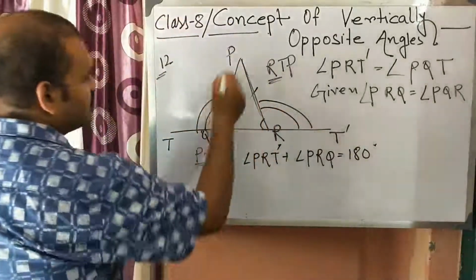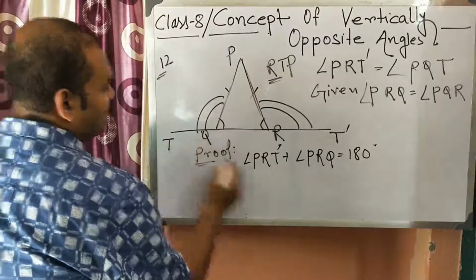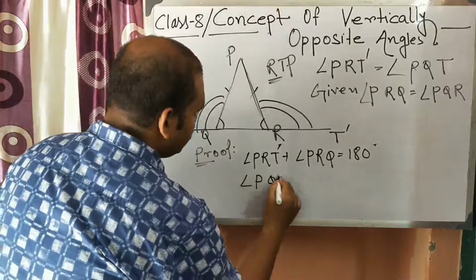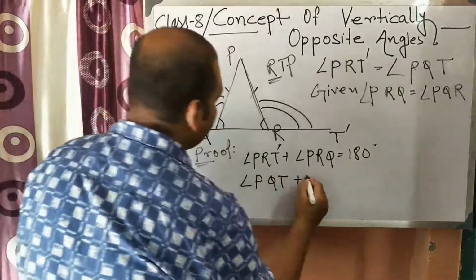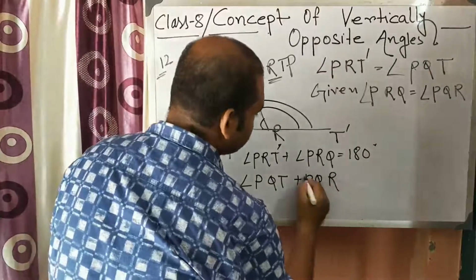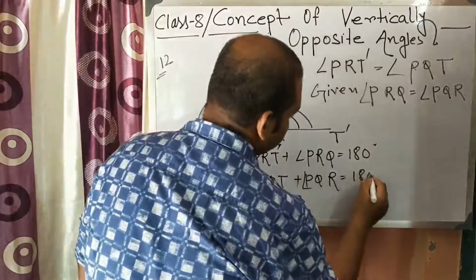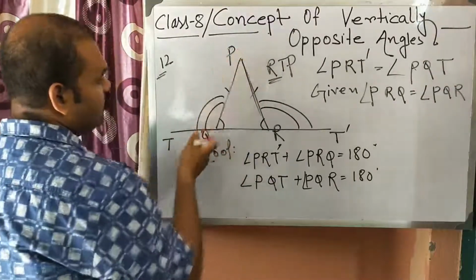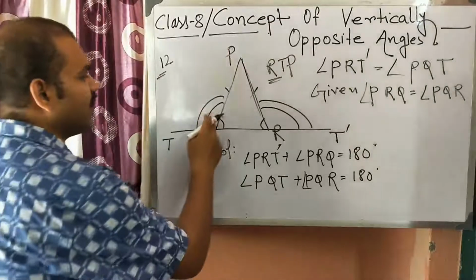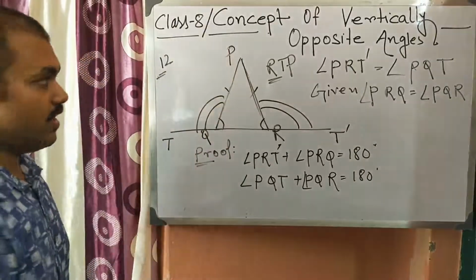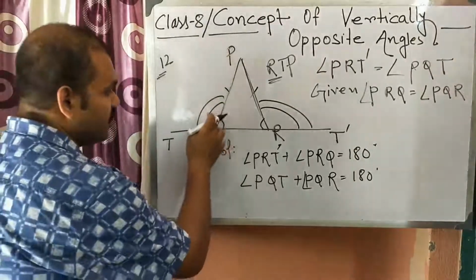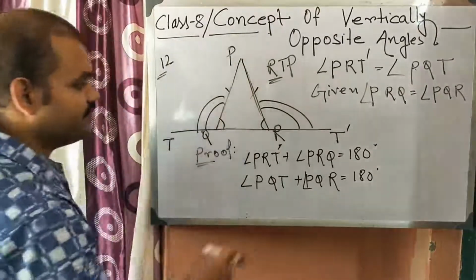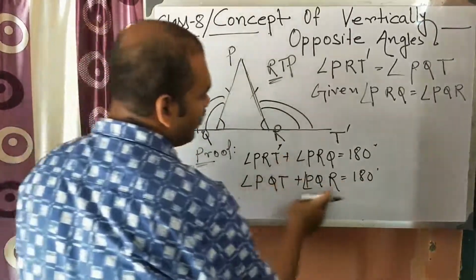And again for PQ, angle PQT plus angle PQR is equal to 180 degrees. Angles on a straight line are equal to 180 degrees, so these two values are 180 degrees.